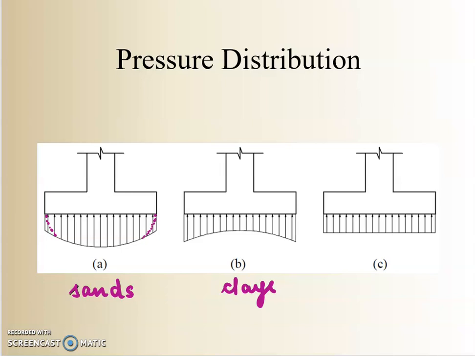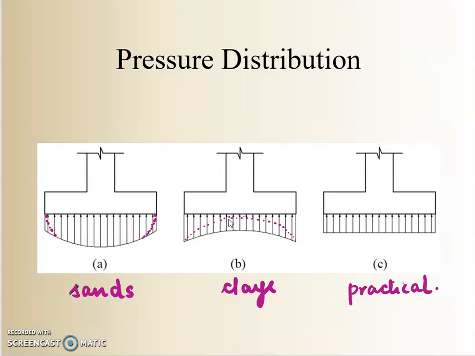Similarly, for clays also, as you approach the inner part of the trapezoidal footing or any type of spread footing, it's exactly the opposite, you can see, exactly opposite of what you see in case of sands. But practically, when we are designing or planning any kind of structure foundation, we consider the pressure distribution like this. So from practical aspects, we consider it to be rectangular.